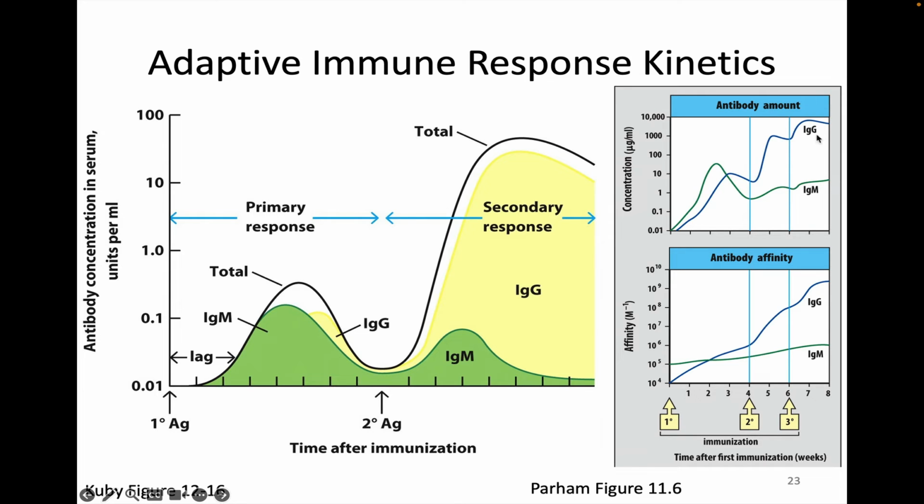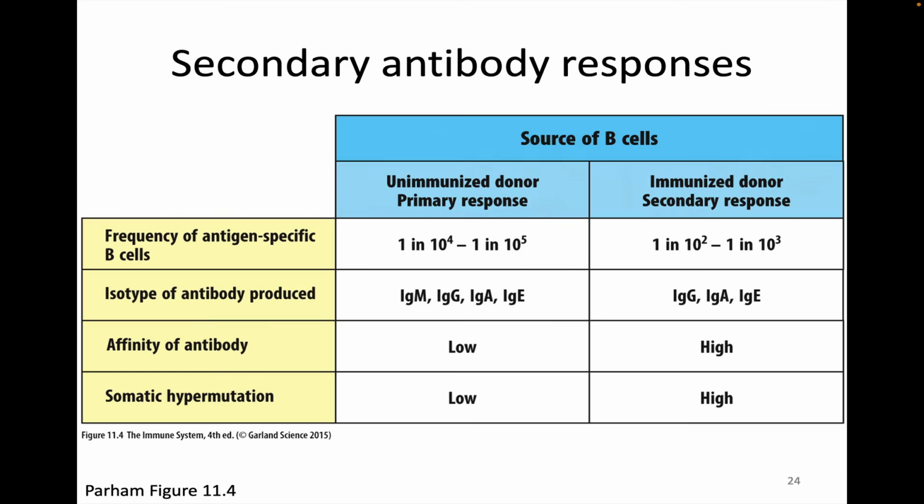And that is largely because of the IgG. If we look at the affinity or how strong the binding is of the antibodies for antigen, you see that the IgMs get a little better, but not a ton over time. But the IgGs with different responses, secondary and so on, really increase pretty dramatically in their affinity thanks to that germinal center reaction.